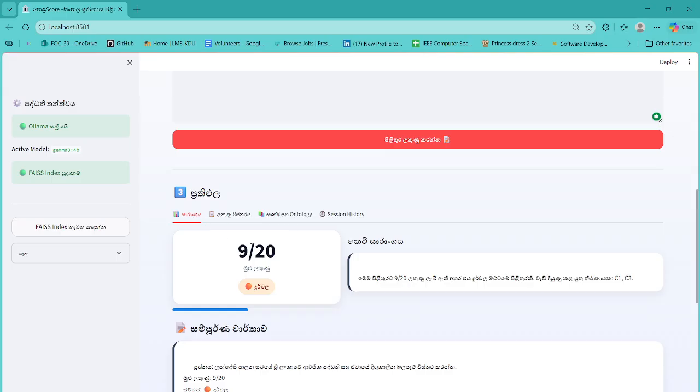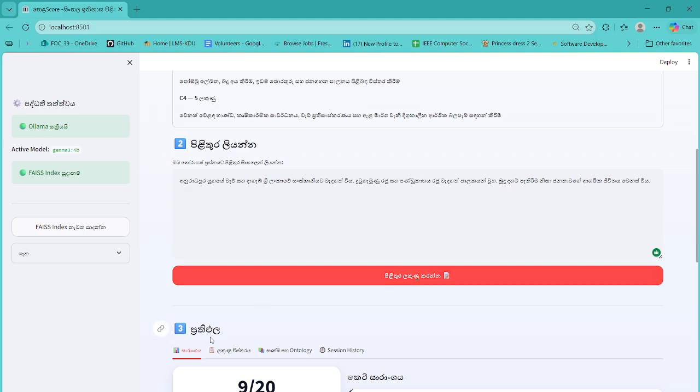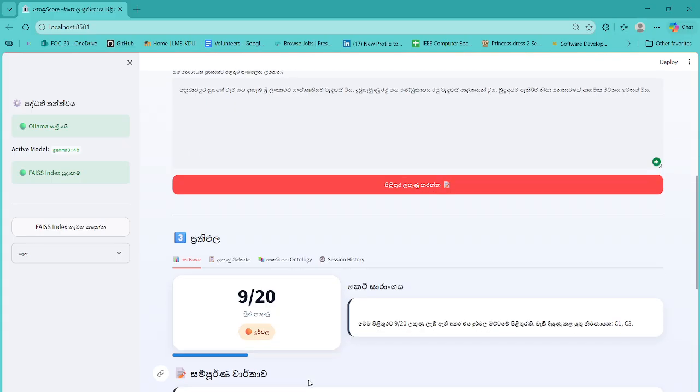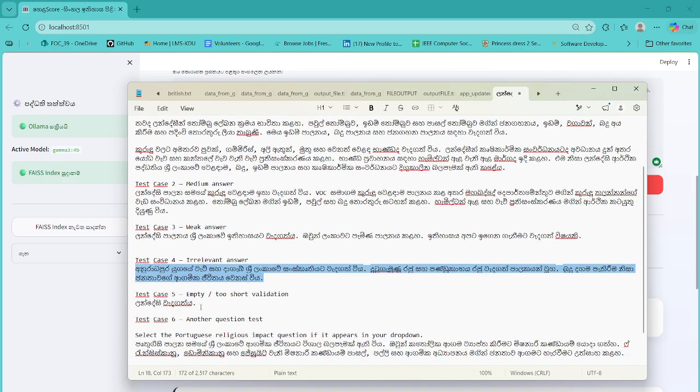You can see the answer has received a really low score, like 9 out of 20. This proves the score is checking semantic relevance to the selected questions. So let's try a new empty or too short answer.